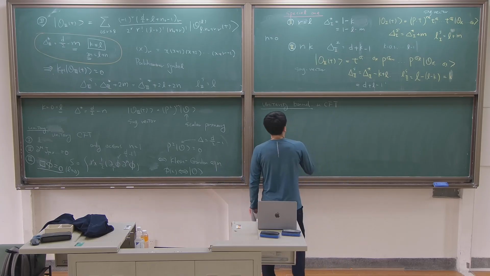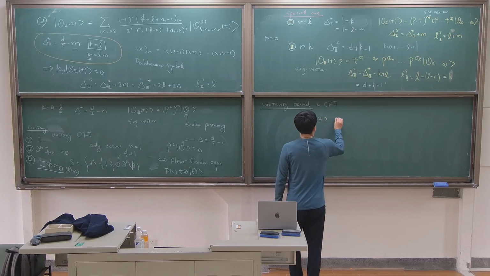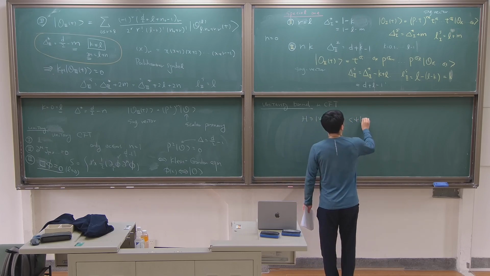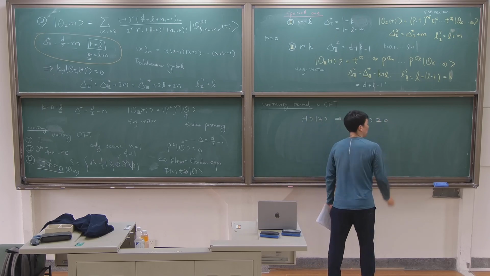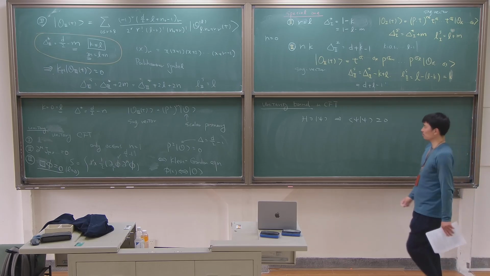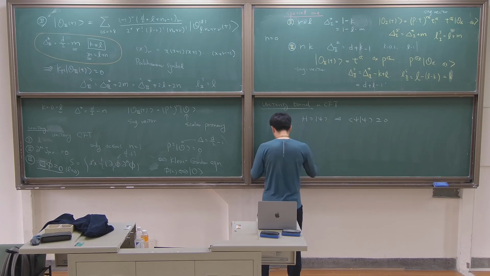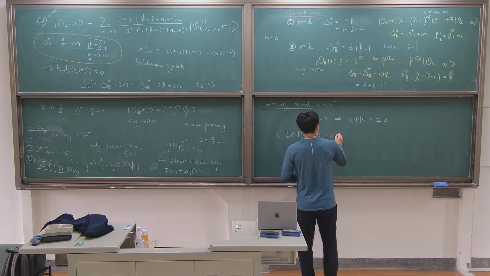Unitarity means that for any state in the Hilbert space, the norm has to be positive, with equality only for the vacuum state. That's unitarity. And this will tell the following thing. As I mentioned, this P nu O, this one I already showed many times.